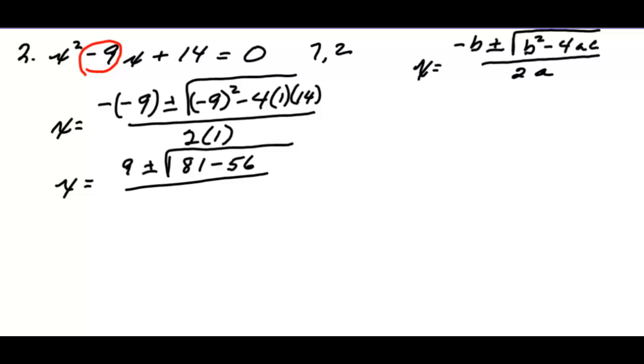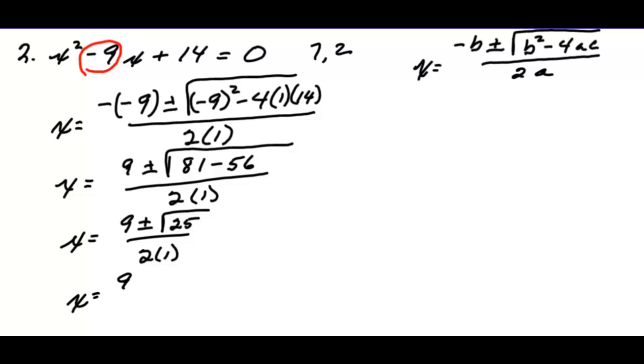That's all over 2 times 1. That's x equals 9 plus or minus the square root of 25, all over 2 times 1. Then x is equal to 9 plus or minus 5, all over 2.